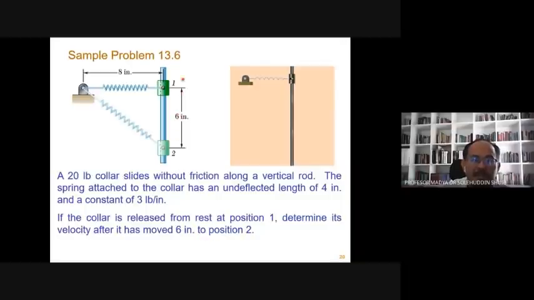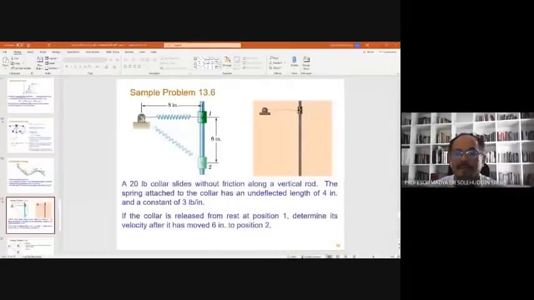So we have position 1 here, and then the position of 2 here. I want to see your comments here. Yes, 10, good. 3, 4, 5, 6, 8, 10. Good.